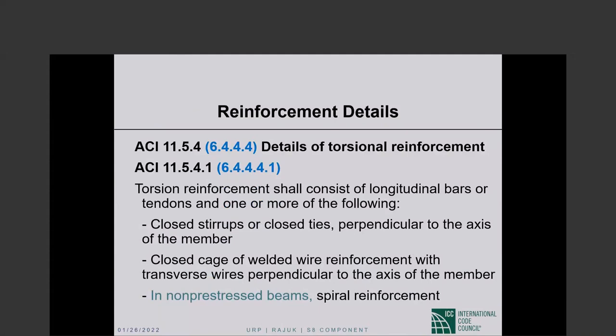Closed cage of welded wire reinforcement with transverse wires perpendicular to the axis of the member. I don't know how much welded wire you have, so I probably will not try to explain this transverse wire. In non-prestressed beams, you can also have spiral reinforcement as your transverse reinforcement.